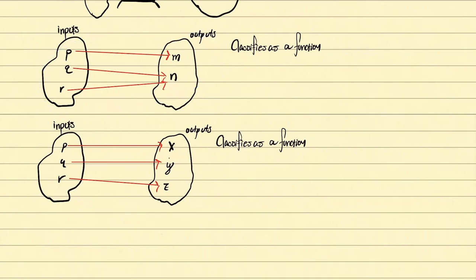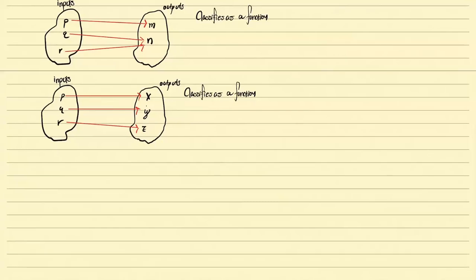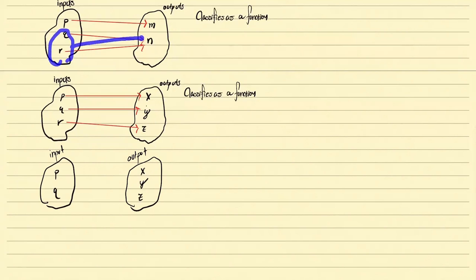But now I'm going to show you an example that does not classify as a function. And this is the important one. Oh no, I don't have my copy and pasted images anymore. Input, output. Here is P and Q, X, Y, and Z. So we can have two different inputs going to the same output.